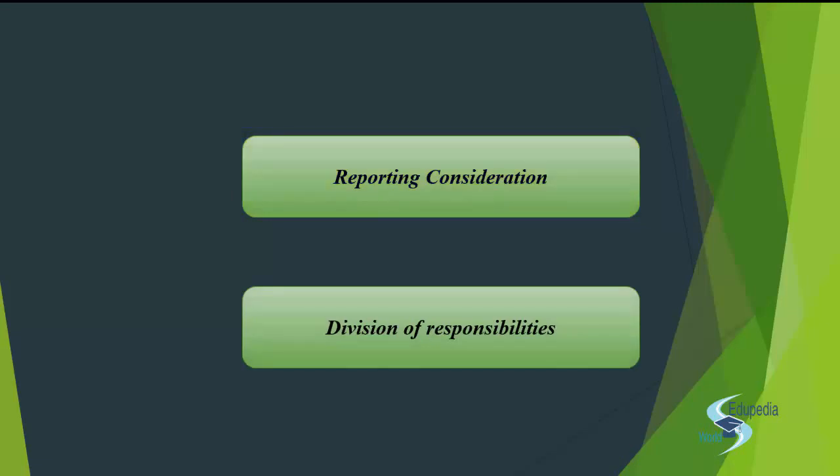And at last you have division of responsibilities. Now remember, when we're talking about the principal auditor and the other auditor, the responsibility will be divided. Yes, the principal auditor cannot be considered responsible for the work that was entrusted to the other auditor by him, right? But if there is a situation where he should be suspicious about the reliability of the work of the other auditor, then his suspicion should have been given a form.